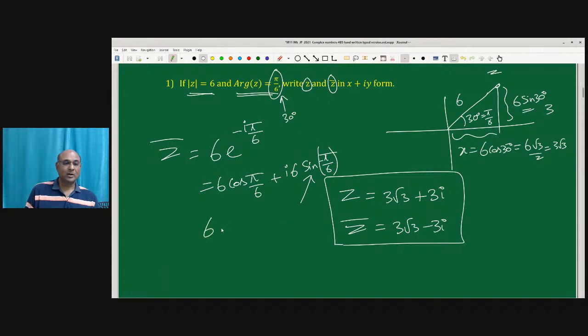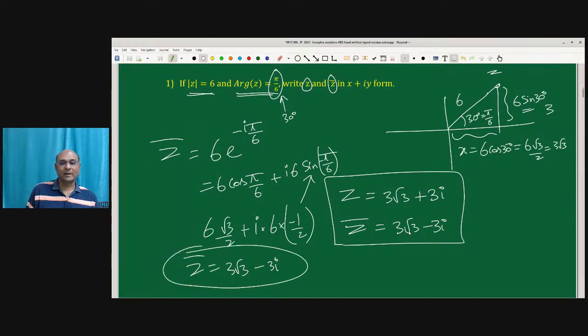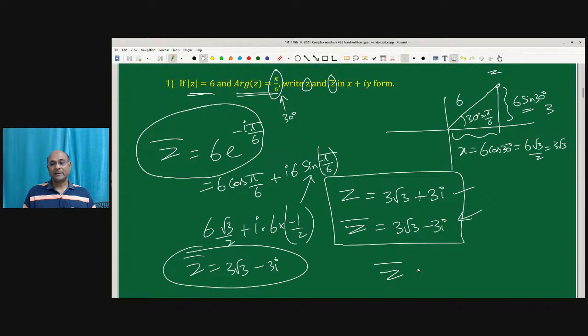So you'll see 6 cos pi by 6 is 6 times root 3 by 2, plus i into 6 into minus half, and this basically is 3 root 3 minus 3i, z conjugate. Of course, you don't have to do this work, because once you write it in this form, directly you can write it. But I want you to understand that z conjugate is r, same r, e power minus i theta if z is r e power i theta. The only thing between z and z conjugate is that the angle becomes minus.